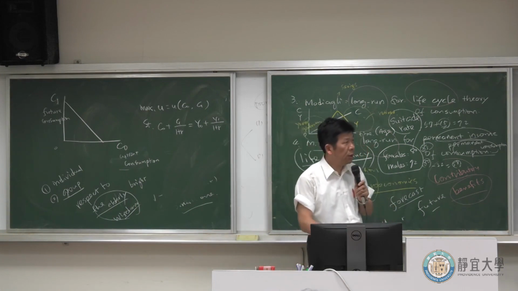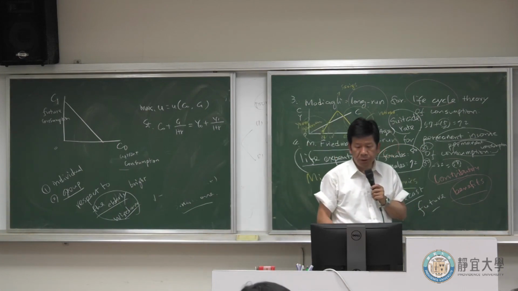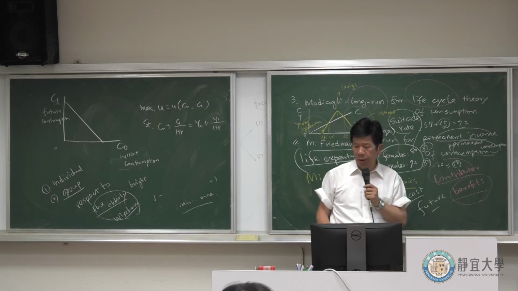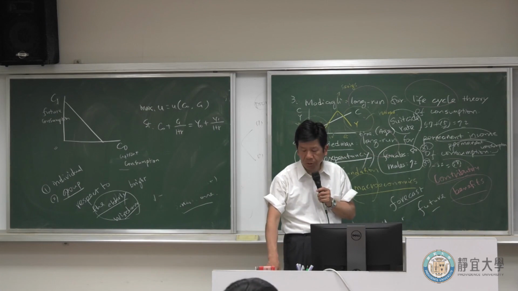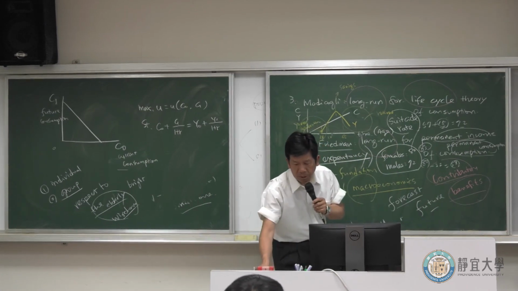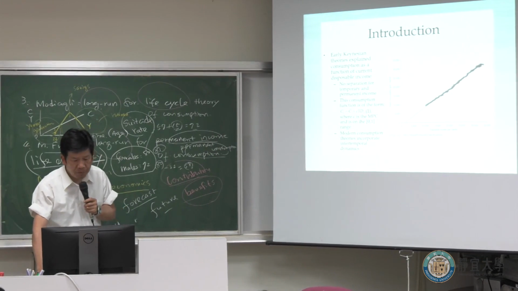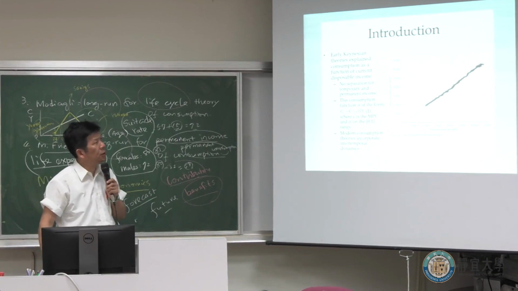Okay, we just try to continue and complete this section, and after that, Mr. Tsai will do the presentation, and then maybe he can give a good sample for everybody. So here we continue.